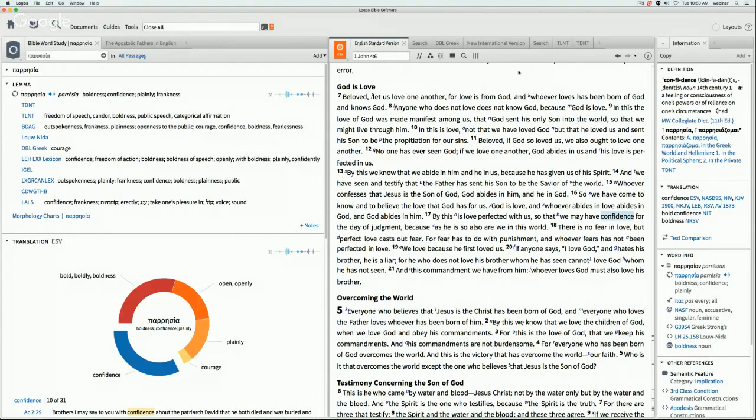Before I switch over to what the TDNT has to say, Jacob, do you want to chime in on anything here? No, that's very good. One of the things that's struck me about this particular word, and as Adam has warned already, we can't import everything that surrounds a specific word's meaning into that specific usage.